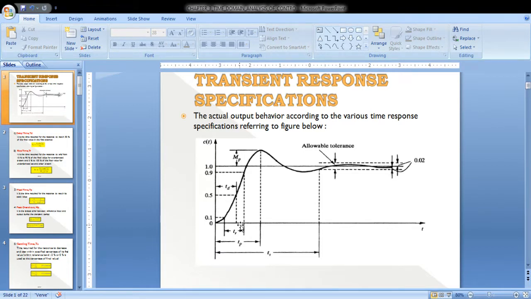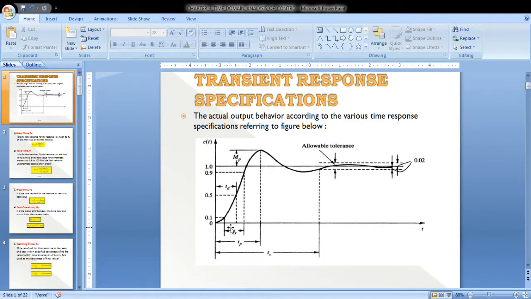So this is how much delay a control system response has in reaching its final value, and we have to calculate it for the very first attempt. It is a mandatory condition to calculate the delay time in the very first attempt.